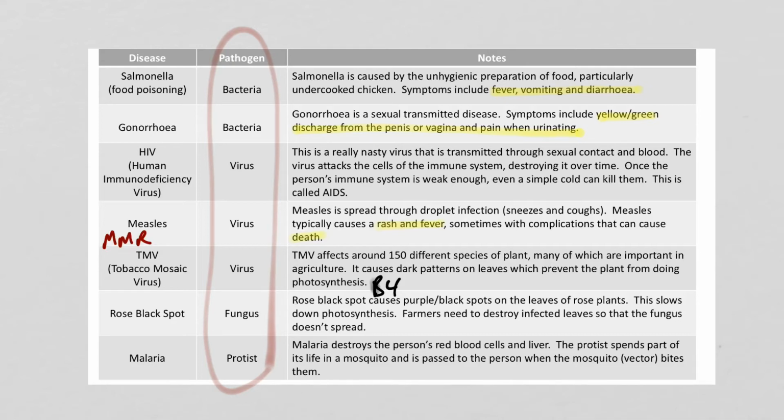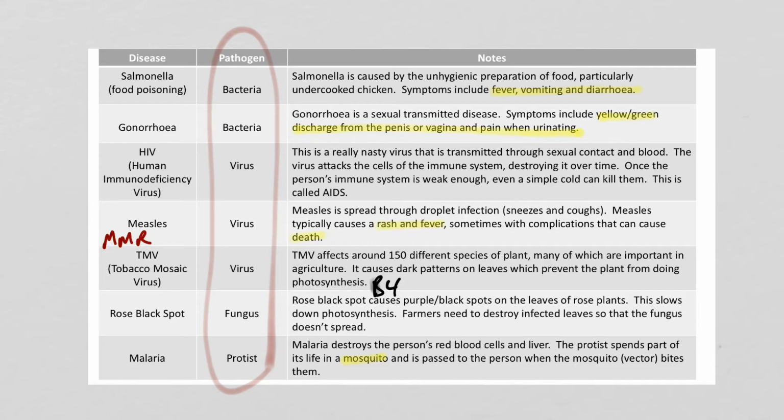We also talked about last lesson how malaria is transmitted through a vector. In this case, it's a mosquito. So the protist that causes malaria lives part of its life cycle in the mosquito. When the mosquito bites somebody, it injects anticoagulants into their blood to stop it from scabbing up so they can drink the blood really easily.